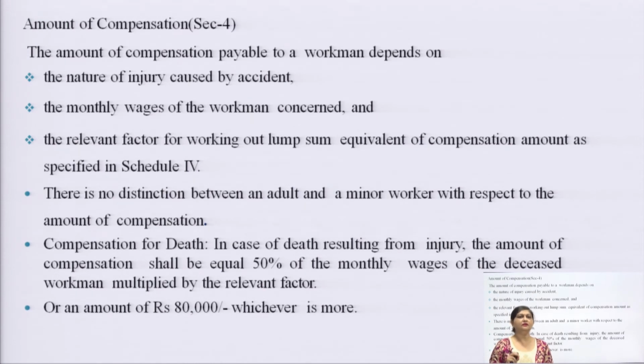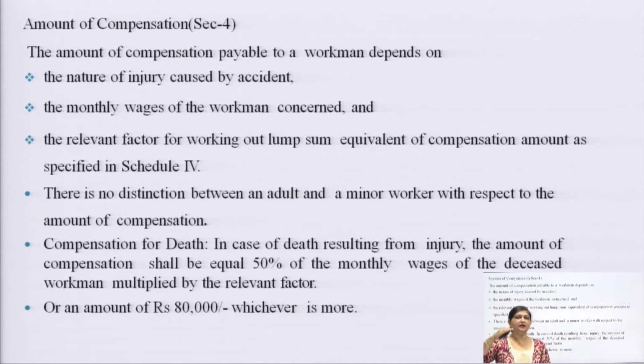So, compensation for death. In case of death resulting from injury, the amount of compensation shall be equal to 50% of the monthly wages of the deceased workman multiplied by the relevant factor, right. These relevant factors will be different for adult workers and minor workers, or an amount of rupees 80,000, whichever is more.